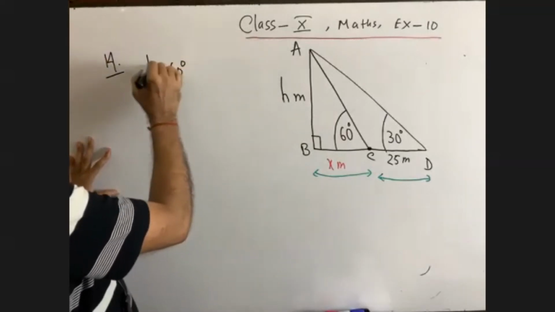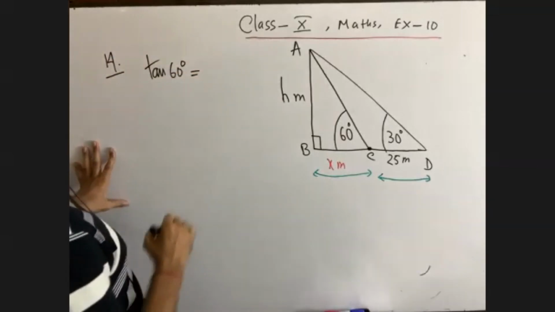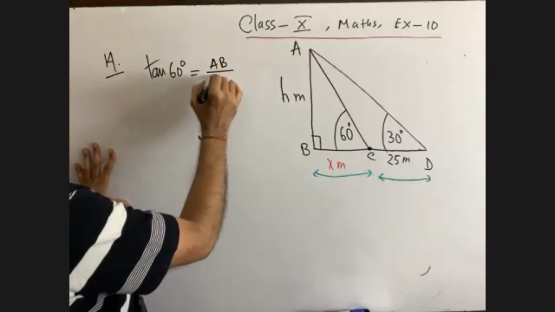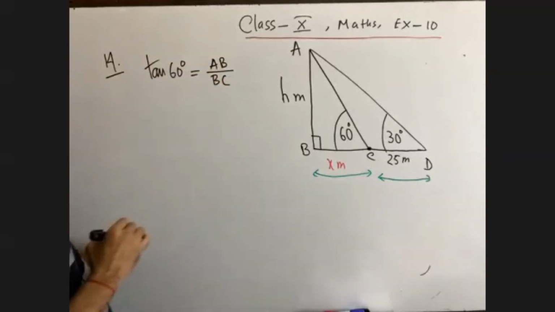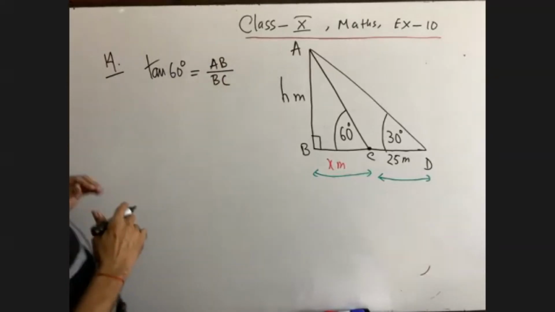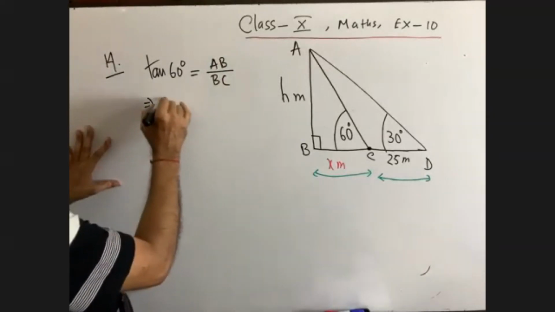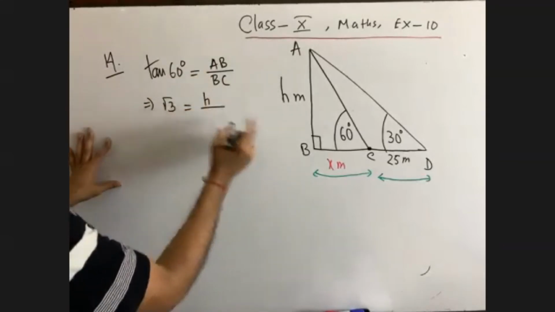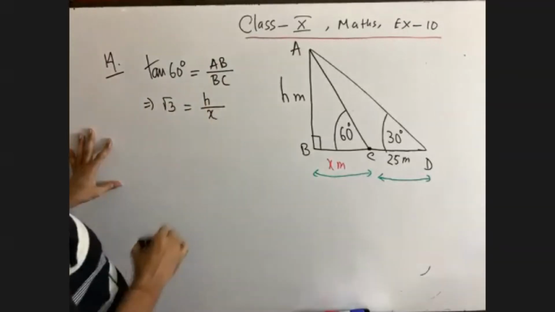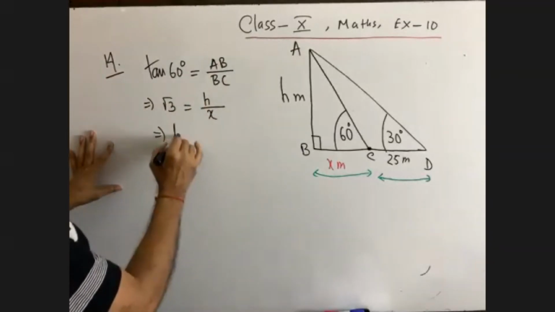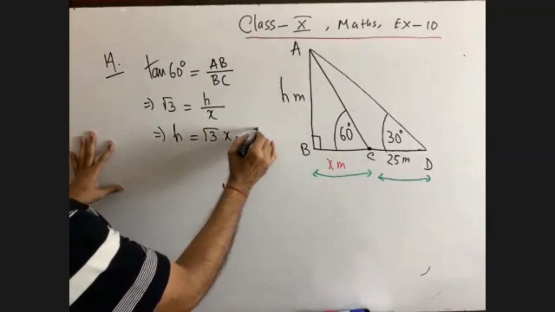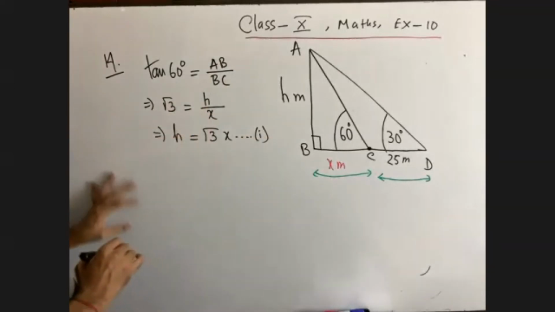Tan 60 degrees equals what? AB by BC. The value of tan 60 degrees is root 3. AB equals h and BC equals x, so we get h equals root 3 x, equation 1.